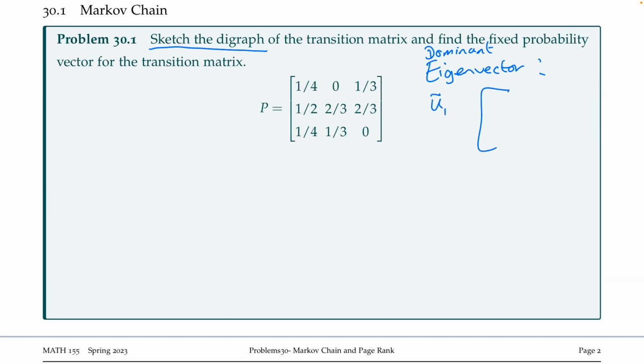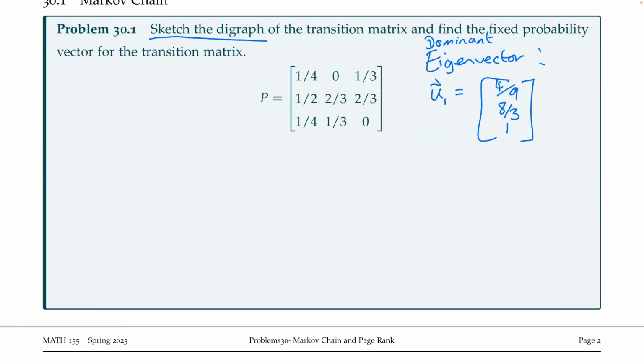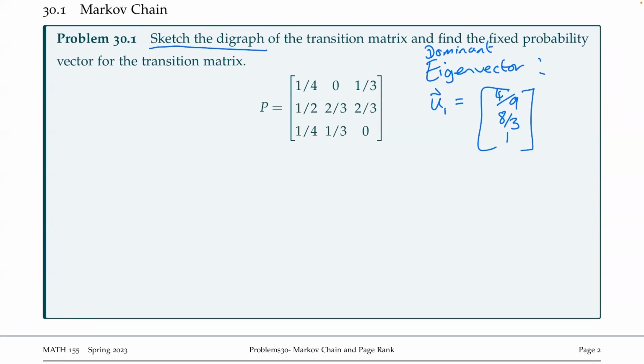If you plug this into a computer, you might get something like, let's say, 4/9, 8/3, and 1. Okay, so what I want you to do is sketch the digraph first of all from this matrix, and then think about this dominant eigenvector here, and then from there work out the fixed probability vector, okay?